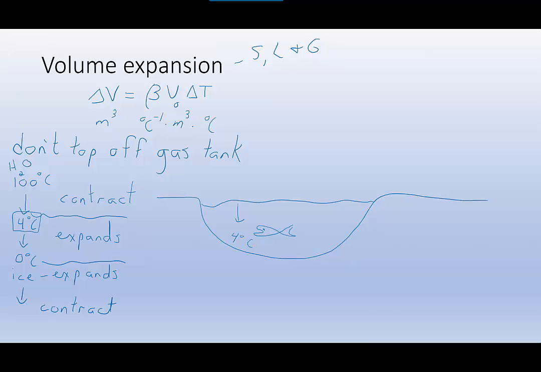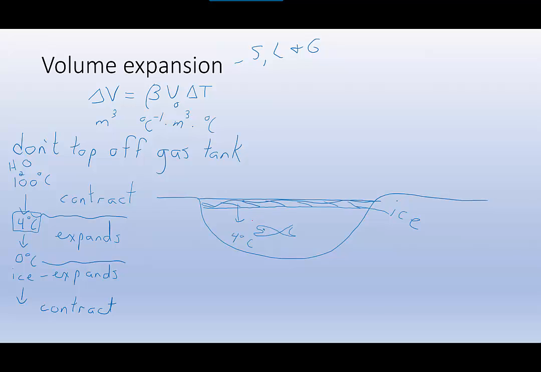The cooler water is going to be up top, and that's going to result in ice forming. This is why ice forms on the top of lakes, because water at 0 degrees Celsius is less dense than water at 4 degrees Celsius. So the 4 degrees Celsius water sinks, and the 0 degree water goes back to the top, and the ice is formed at the top.